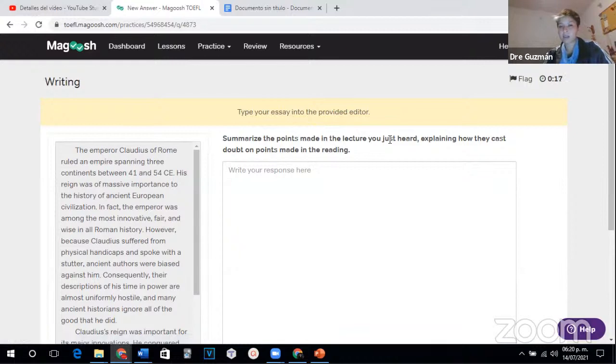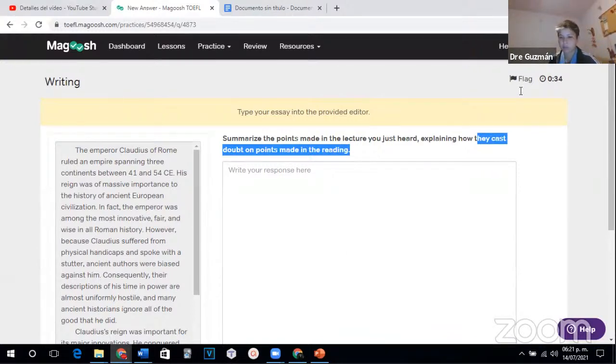Summarize the points made in the lecture you just heard, explaining how they cast doubt on points made in the reading. So aquí está la parte importante, how they cast doubt, cómo crean duda sobre el reading, cómo se contrasta uno con el otro. Okay, so en los siguientes 15 minutos van a escribir su writing.